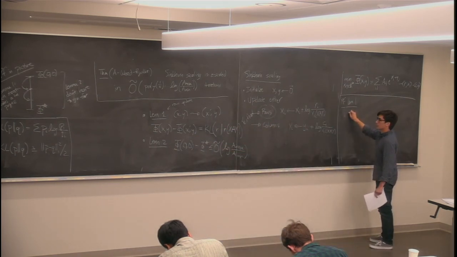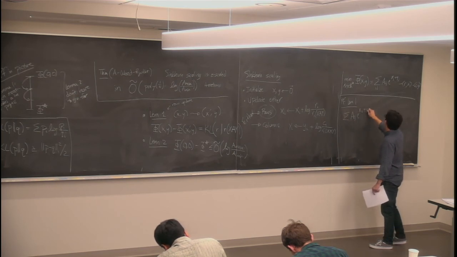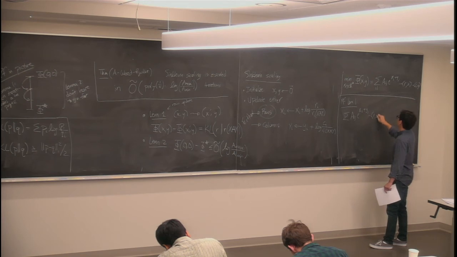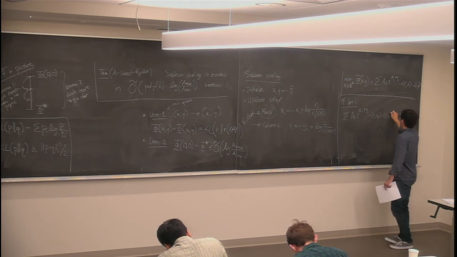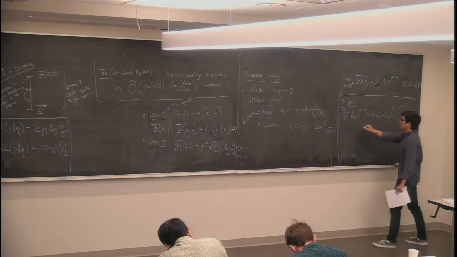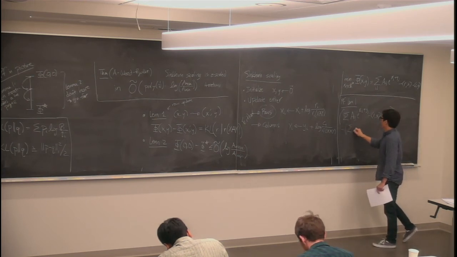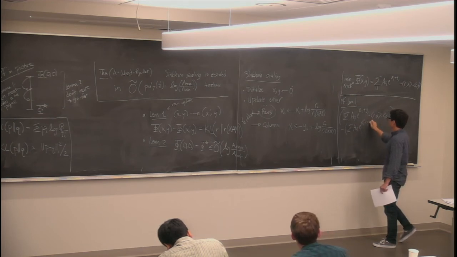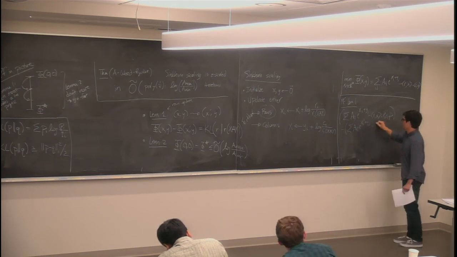So you have the sum of a_ij times e to the x_i plus y_j, minus r x minus c y. This is the potential for x, y. And then you subtract the potential for exactly the same thing, but now you have a prime on x_i and a prime on x.